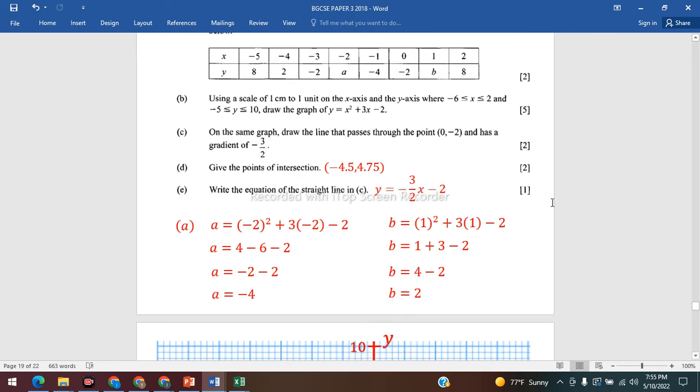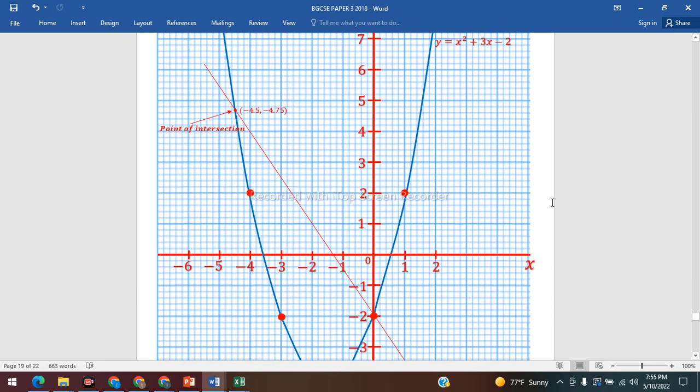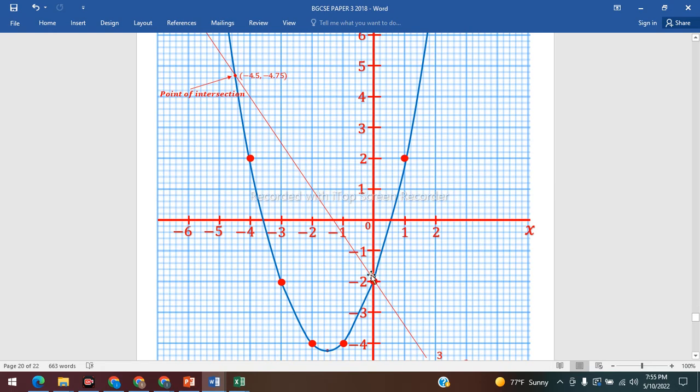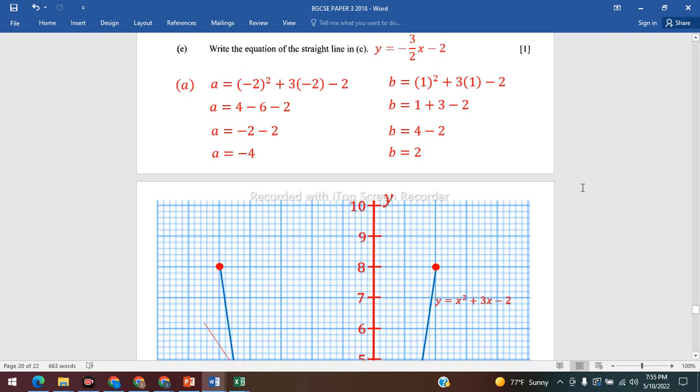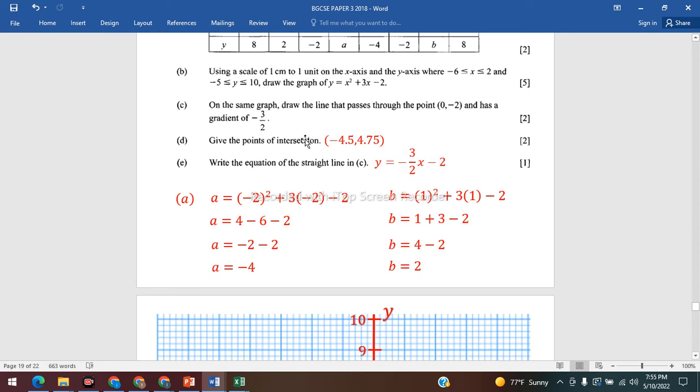And when we draw that line, it should cross the graph at this point, and that's the point of intersection. That's what they say: give the points of intersection. That's it there. Negative 4.5 and negative 7.5.